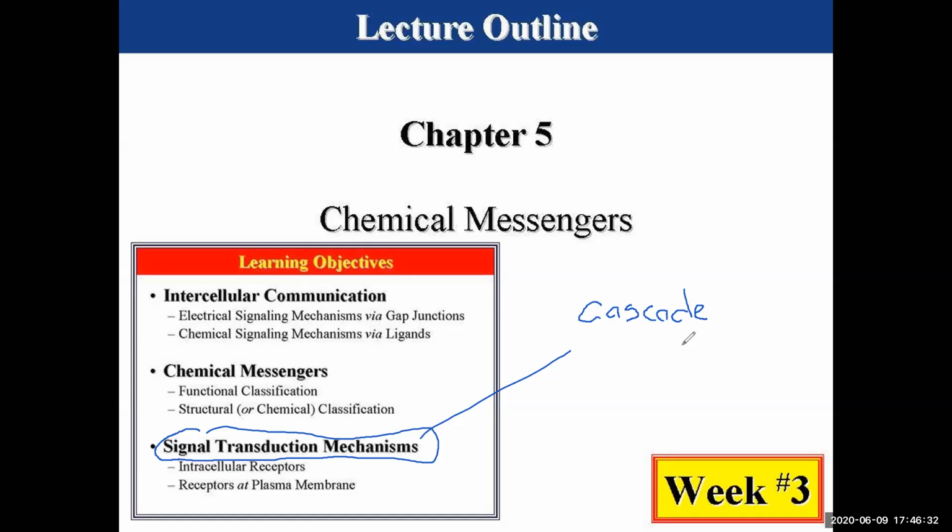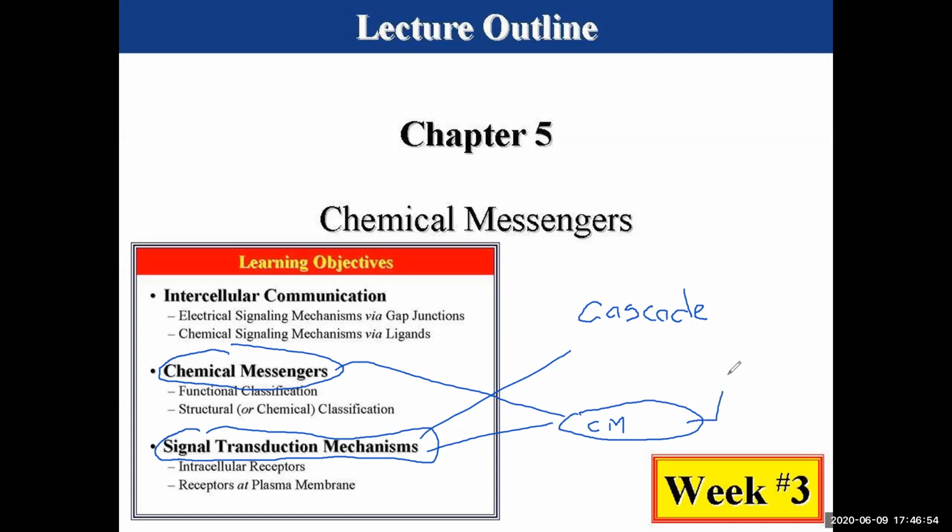And if it's a chemical messenger, instead of rewriting that, I'm going to write it here. So chemical messenger, CM. We need to ask ourselves, is this chemical messenger water soluble, H2O soluble?